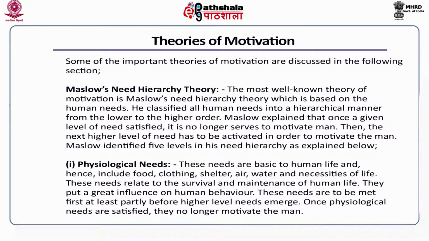These needs relate to the survival and maintenance of human life. They put a great influence on human behavior. These needs are to be met first, at least before higher level needs emerge. Once physiological needs are satisfied, they no longer motivate men.